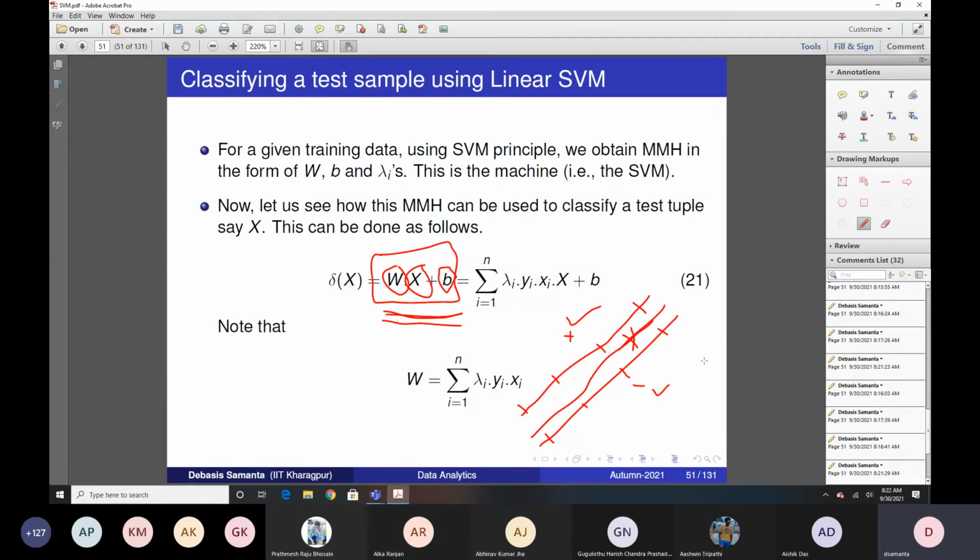But how can we make a final decision? Undecidability cannot be accepted. If it returns 0, then what should you do? Which boundary should we use? Can you find any ideas for that?